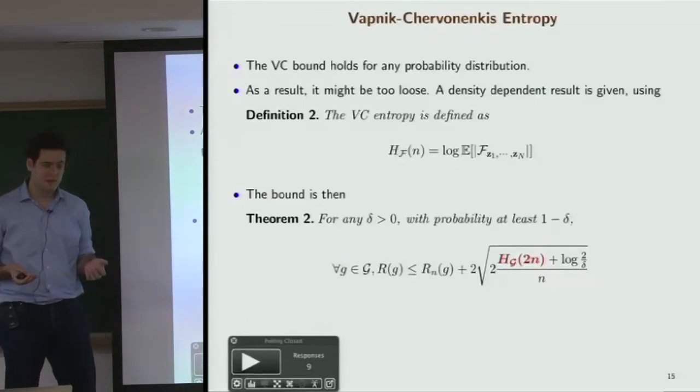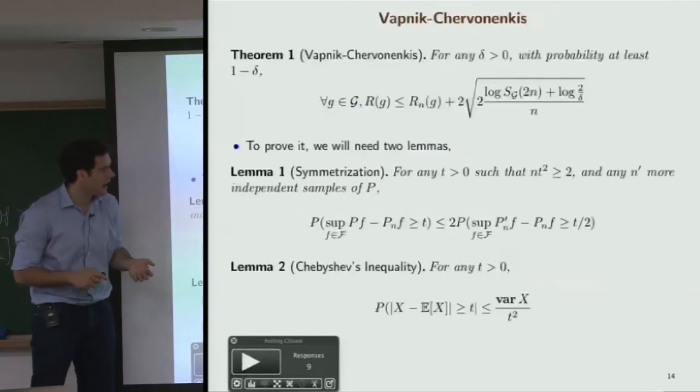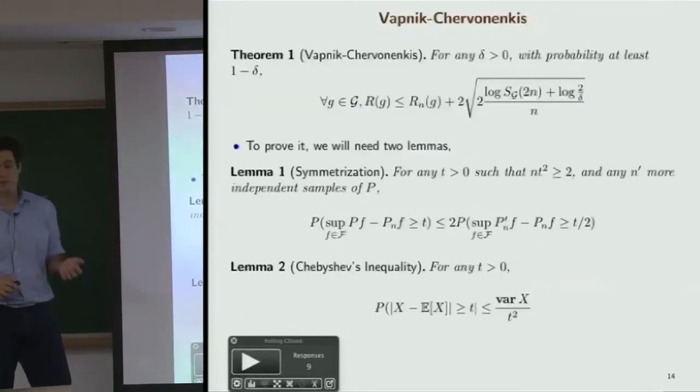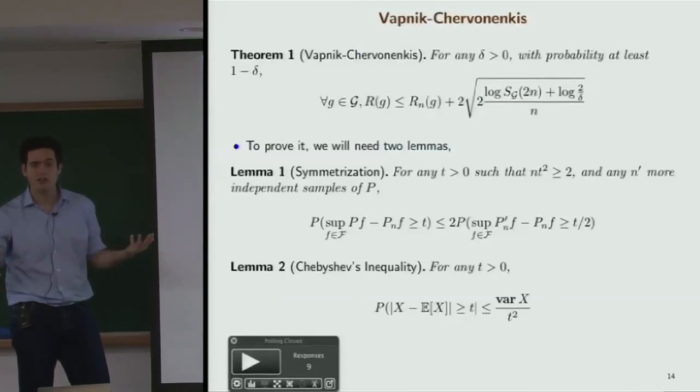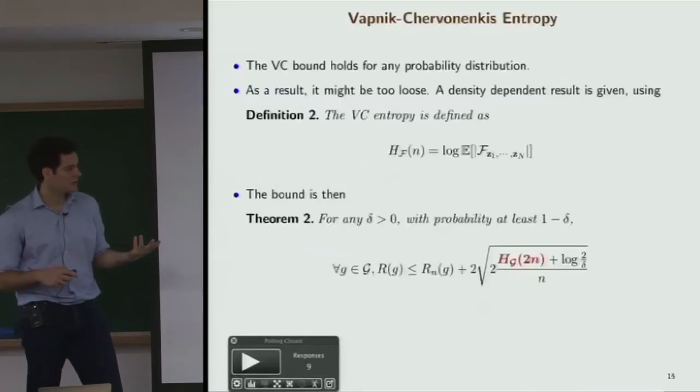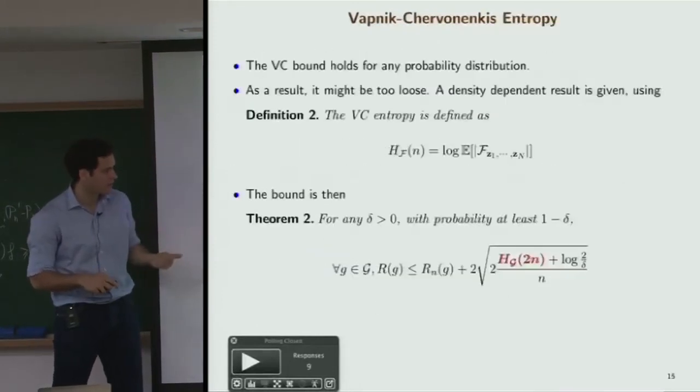Okay? So there is one downside of this bound which has been solved. One downside of this bound is that it's uniform for all distributions of the data. And actually what we care about is just the true risk with respect to one distribution. But there's still another downside, which is that we still cannot compute either this or this.